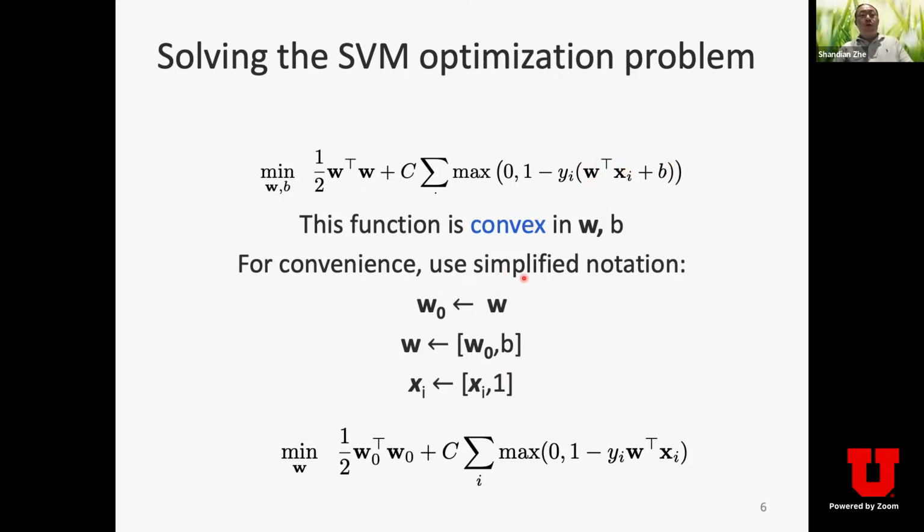And we denote the original weight vector, I mean, no B is included, by W0. So here is our simplified objective function form: half W0 transpose W0, where W0 does not contain any bias parameter B, plus this hinge loss. So the function margin is simply Yi W transpose Xi, because the bias parameter has been folded into W. We have a constant feature, a constant 1, added into Xi.